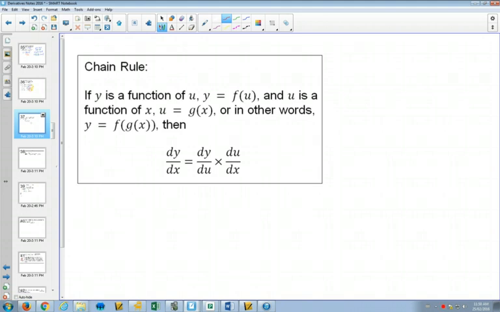So if you have a function inside of a function, so I have y equals f of u, and u is a function of x as well, so u equals g of x. So here I have, in my function notation, g of x is inside of f of x.